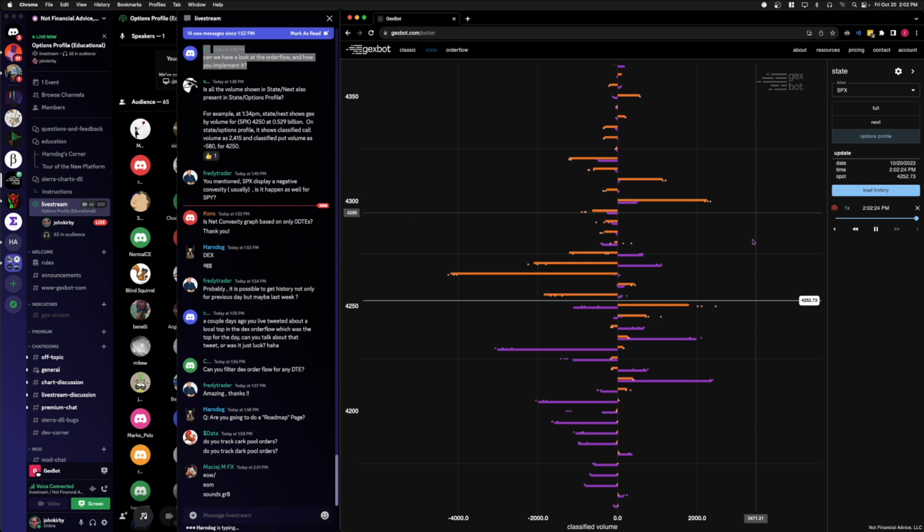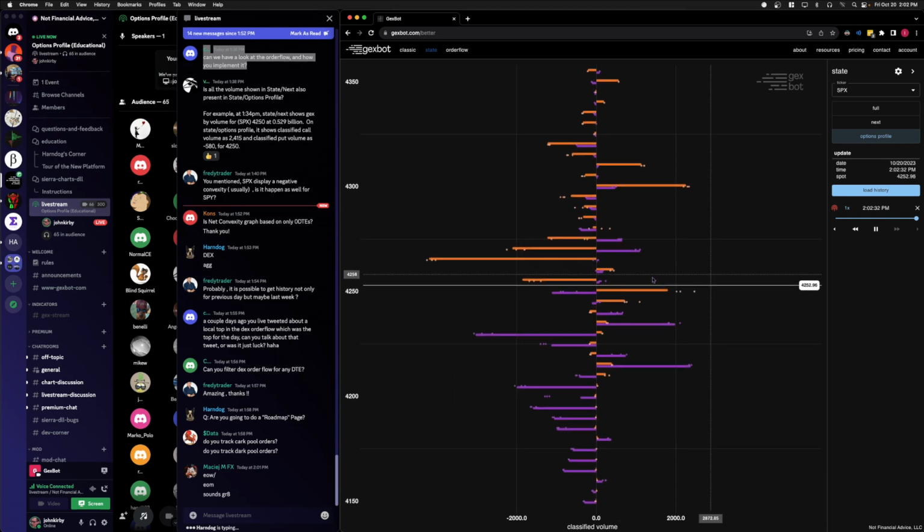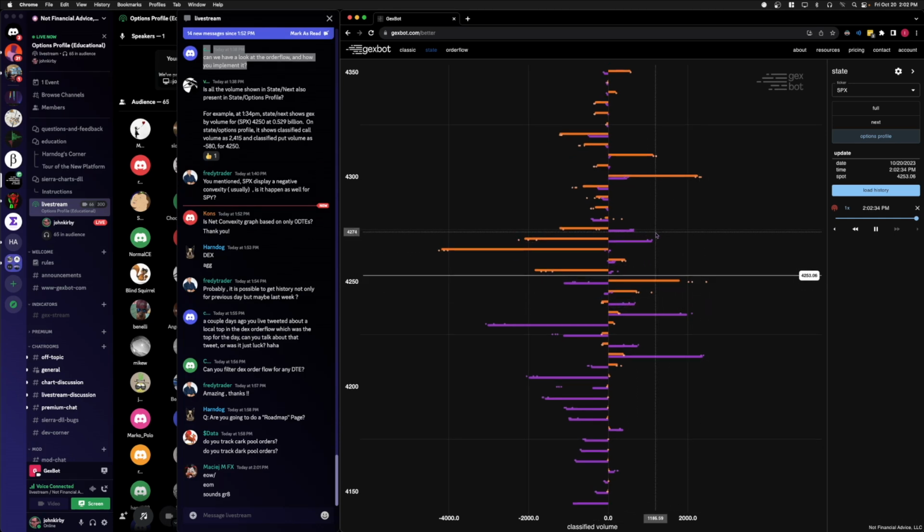I want to mention, in terms of what we have on the back end, as you guys can probably see, this is just the surface. On the back end, we're running order flow classification, and we can run it on an arbitrary number of expiries. We're doing 90 days right now, but if you look at options profile, you can only see 0 DTE.